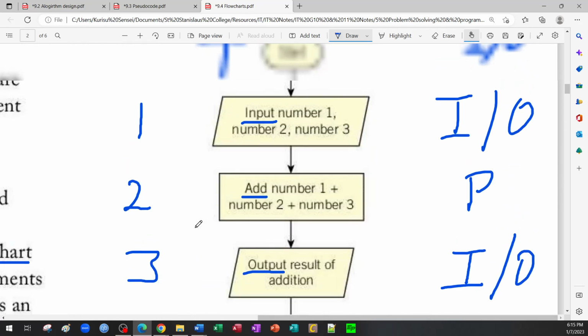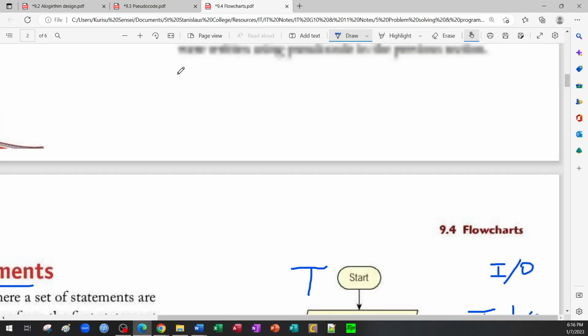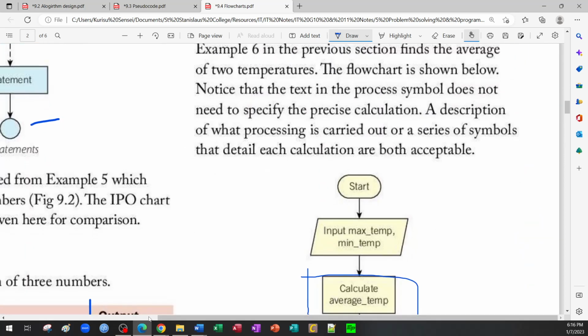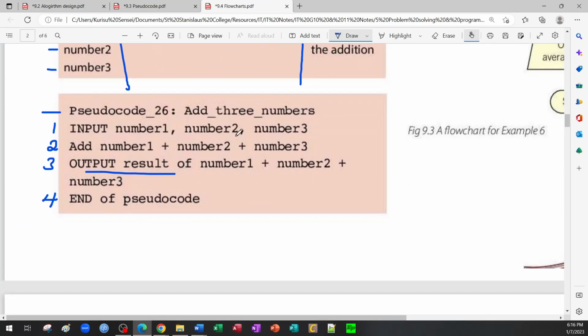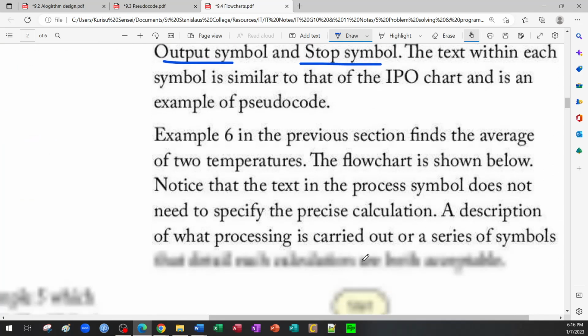So if you notice, it's actually like if we're writing pseudocode, just that we're putting everything inside of a symbol. And eventually you might realize that it's a bit easier than writing pseudocode, because you're simply writing shapes and indicating what is happening in that shape.